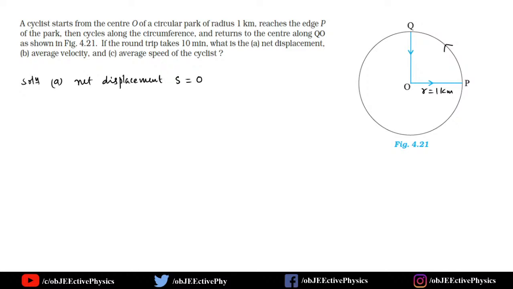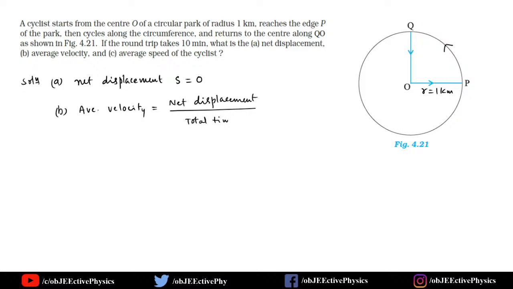Next, what is the B question here? Average velocity. Average velocity is equal to net displacement divided by total time.